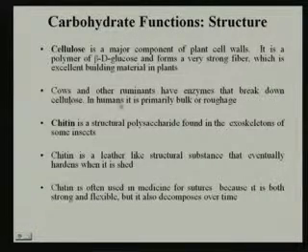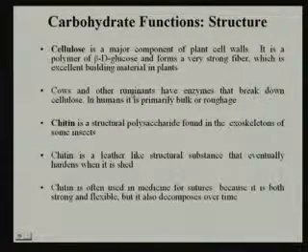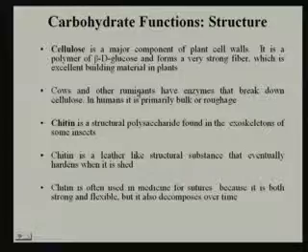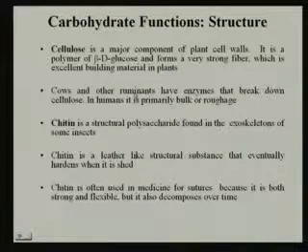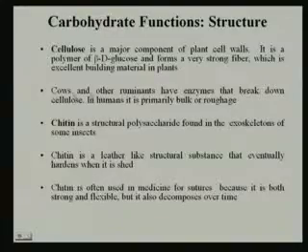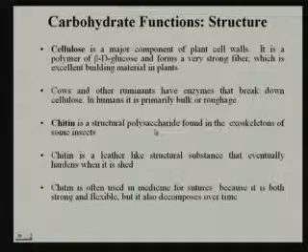Now, I have already told that the cattle have this enzyme called cellulase which is absent in the human being, and that is the reason why we sometimes take green vegetables which act as roughage for the system.